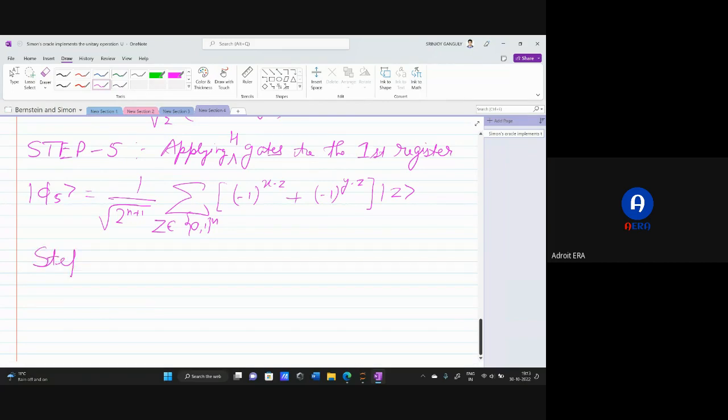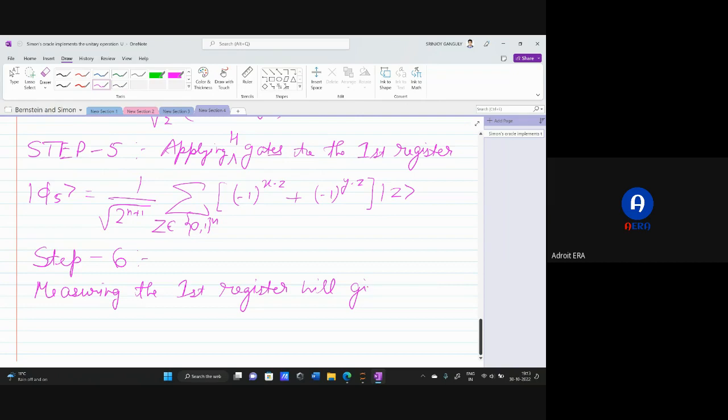Okay, now the last step, step 6. Step 6 is about measurement, right? Last step, measuring. We are measuring the first register. Again, the second we don't do anything.